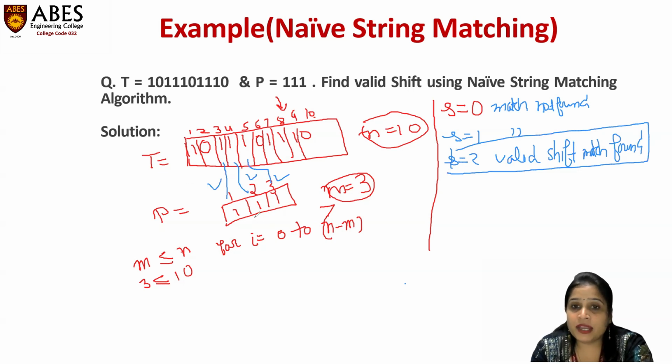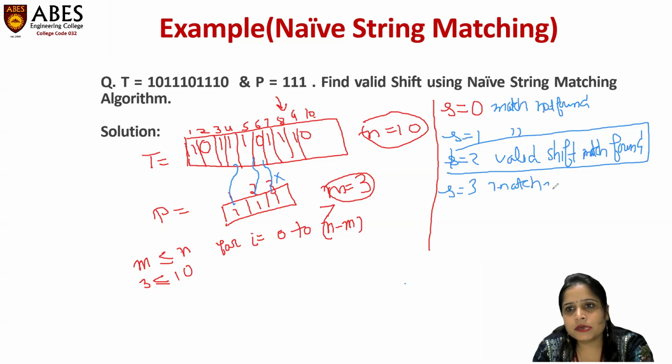After that, what we have to do again? We will not terminate the loop, because our loop will continue until s equals 7. So for the next iteration, s equals 3. In case of s equals 3, we compare T of 3 plus 1, T of 4 to P of 1 match, T of 5 to P of 2 match, T of 6 to P of 3. Again match not found.